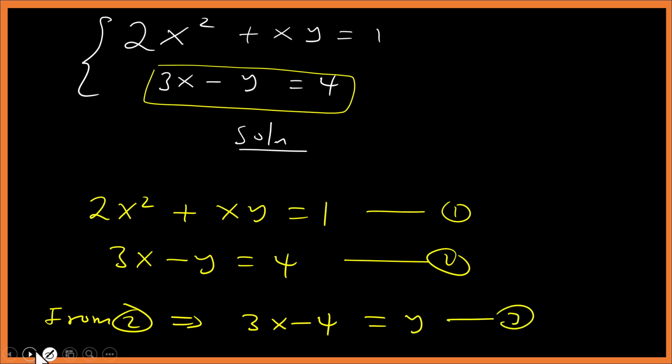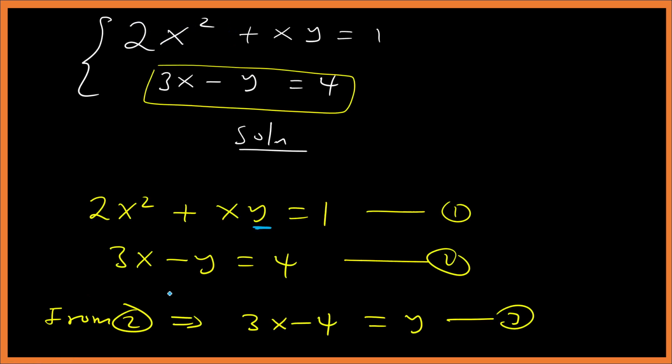So we want to do substitution. You have y here, so I'll put the value of y here and solve. So we have 2x squared plus, remember we have xy, meanwhile y is 3x minus 4.